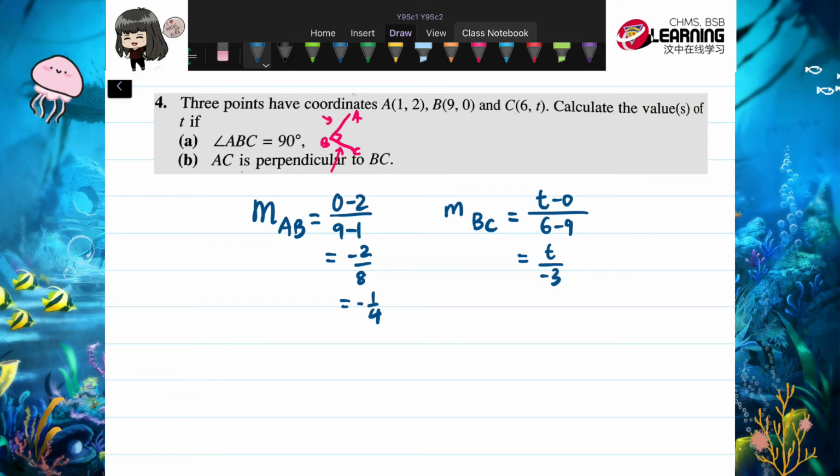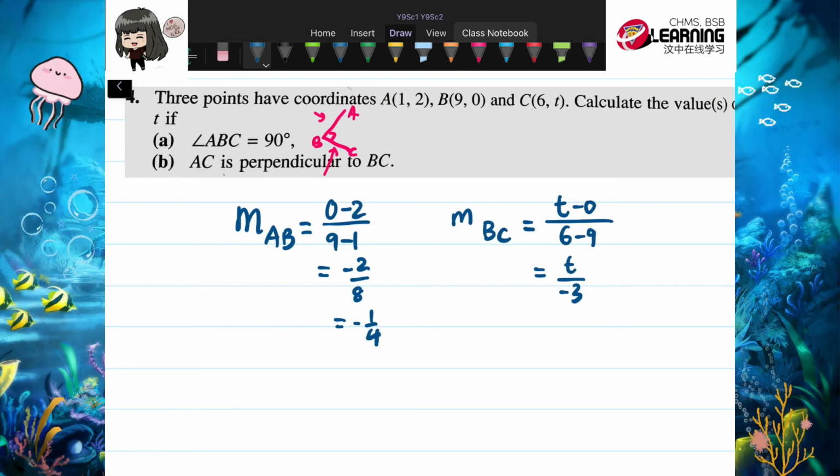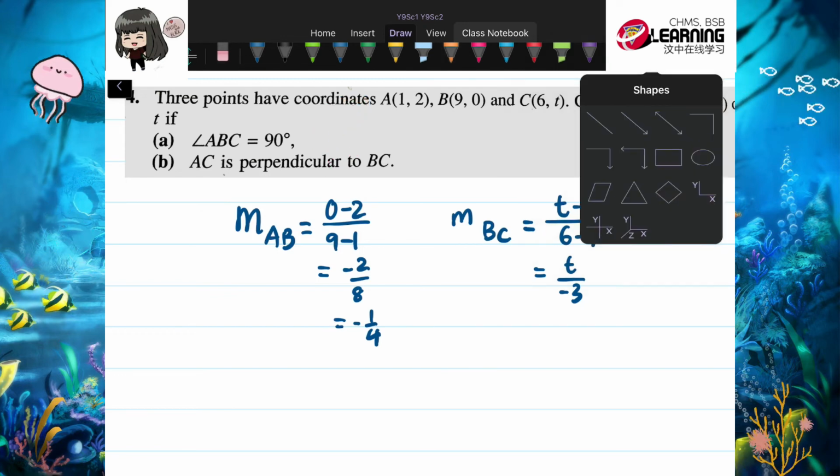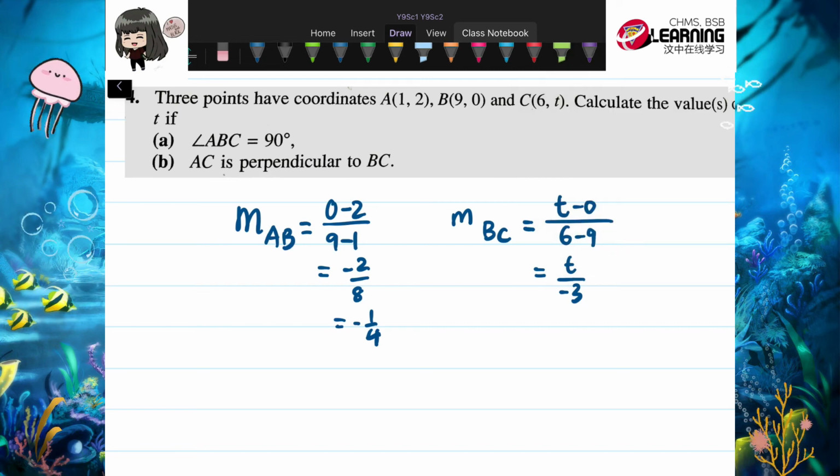Just now the drawing is only a draft, but after you calculate, you find out that your gradient AB is negative 1 over 4. So your line is not supposed to be going up like that. I'm going to redraw a nicer one.